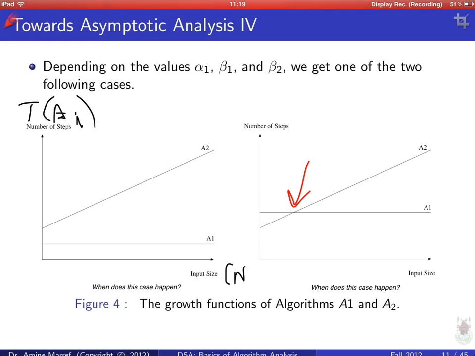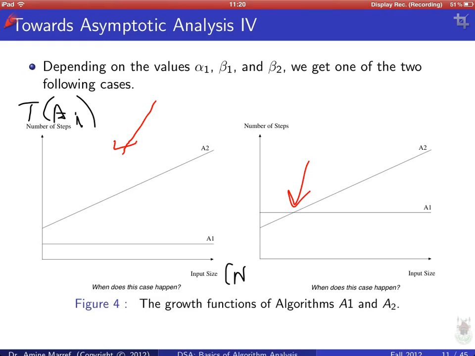Okay, so A2 is more efficient because it has a smaller number of steps. So in this region, A2 is more efficient. But then in infinity, which one is more efficient? Okay, so this is all we care about. So we say that A1 is more efficient than A2 because what really matters is that.